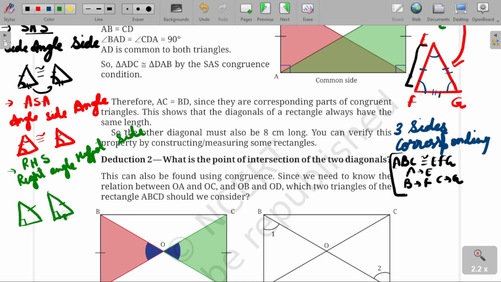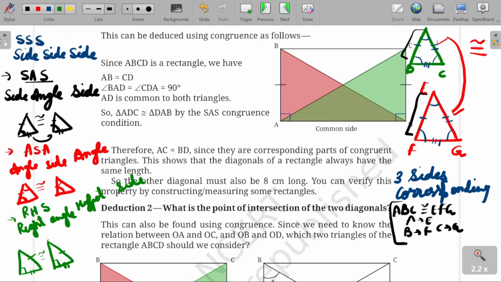Let's say the base. Right angle, hypotenuse, side. Only then you can say the triangles are congruent. So this is about congruency.